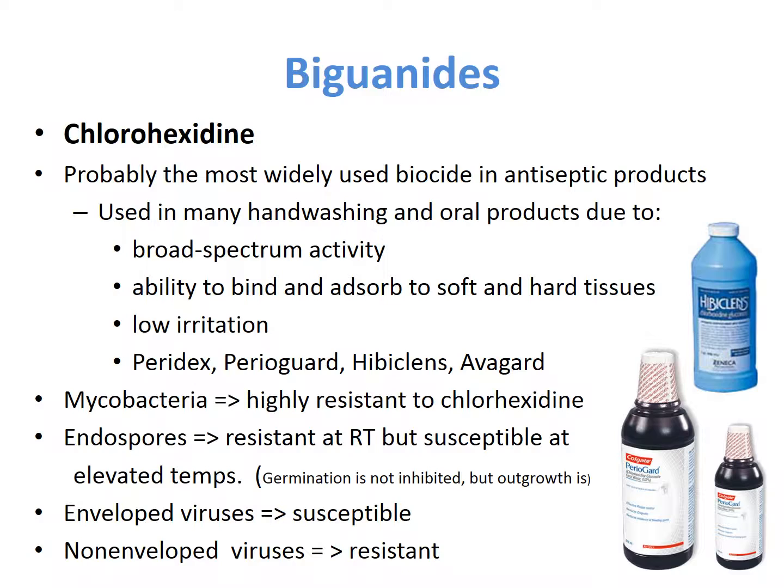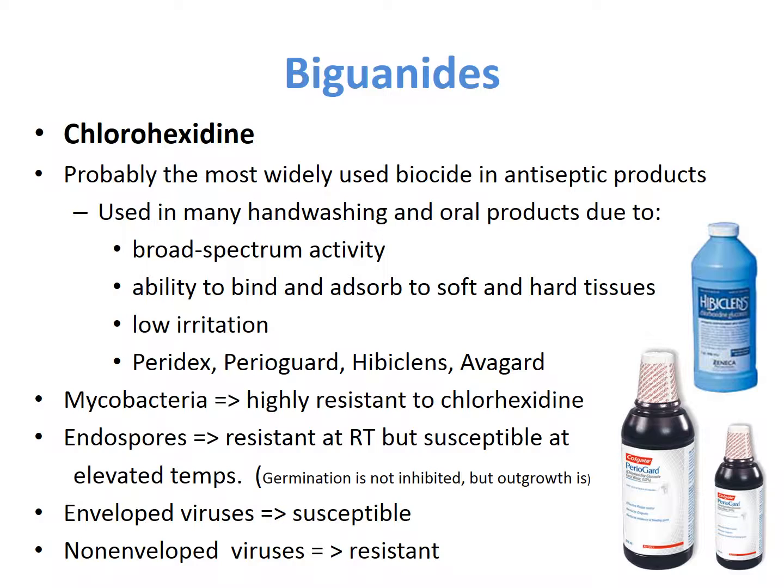Chlorhexidine is probably the most widely used biocide in antiseptic products. Okay, you find it in a lot of hand washes and a lot of mouth washes. Because it has broad spectrum activity, it's effective against gram-positives as well as gram-negatives. It's able to bind and adsorb, or stick, to soft and hard tissues.